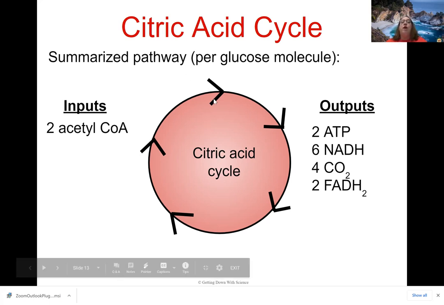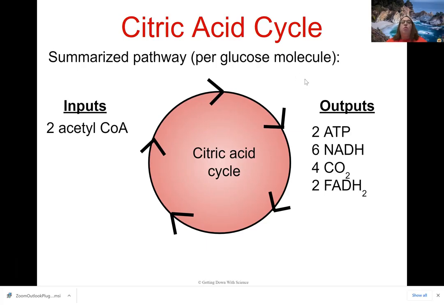And for one glucose molecule, we are going to come out with 2 ATPs. So we made 2 ATPs in glycolysis, and we have 2 ATPs here. So now we have a total of 4 ATPs. We're going to have 6 NADH, 4 CO2, and 2 FADH2. So we've got a lot of these NADH and FADH2s that we're going to have to exchange to make ATPs.